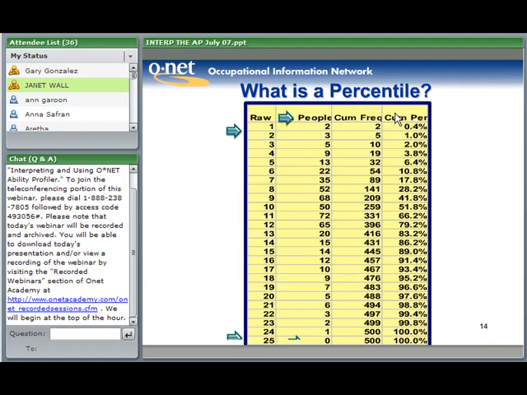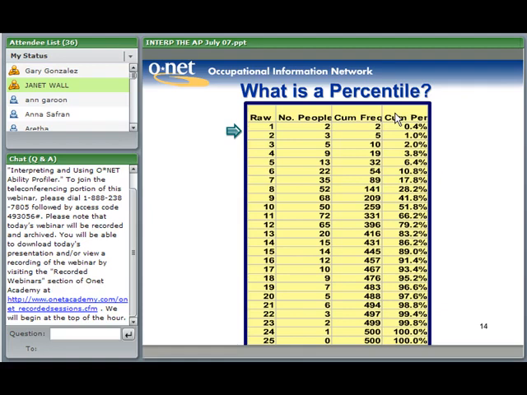Then what we do is we create what's called a cumulative frequency column. And basically what it does is it starts from the raw score of 1 and accumulates, so adds each of these to each other.